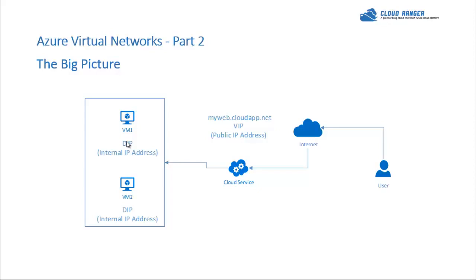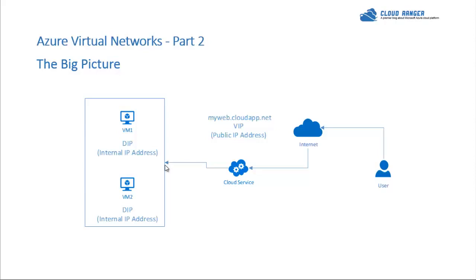Why would we do that though? One of the reasons that we would do that, and we will talk about this when we get into a much more cloud service oriented session, is that Azure would actually put a load balancer here. And some of you might have guessed why would they do that? If you come to myweb.cloudapp.net, you could have this part of a load balancer where when you go to myweb.cloudapp.net, it would actually come to VM1 or it will go to VM2, and this load balancing will be transparent to the admin, and Azure would do that for you.